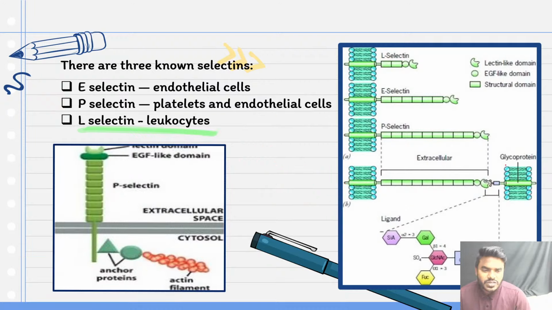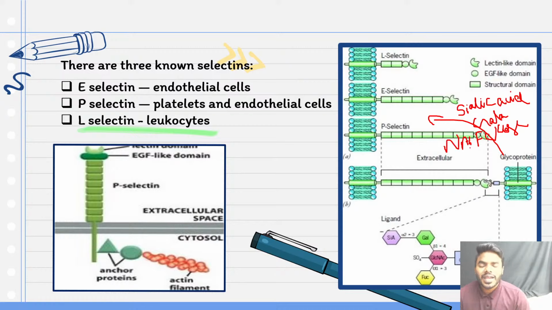I told you it is associated with many kinds of sugars. What are these major sugars? Listen, friends. What are the major sugars with which these glycoproteins will be associated? Listen very carefully. One is sialic acid, followed by galactose, followed by fucose, followed by NAG, N-acetyl glucosamine or N-acetyl galactosamine.